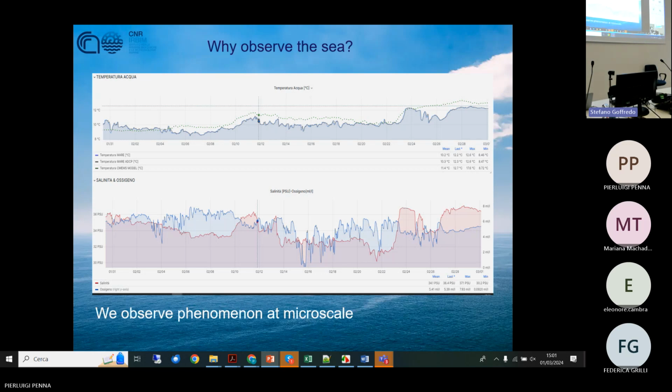Another new research topic that we are approaching in Ancona is the automatic recognition of fish and fauna with underwater video, using deep learning approaches. We have made some tests with the camera synchronized with the post-processing.